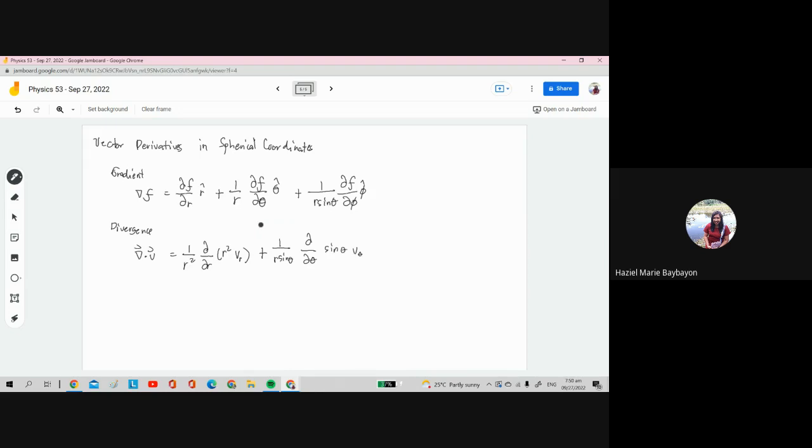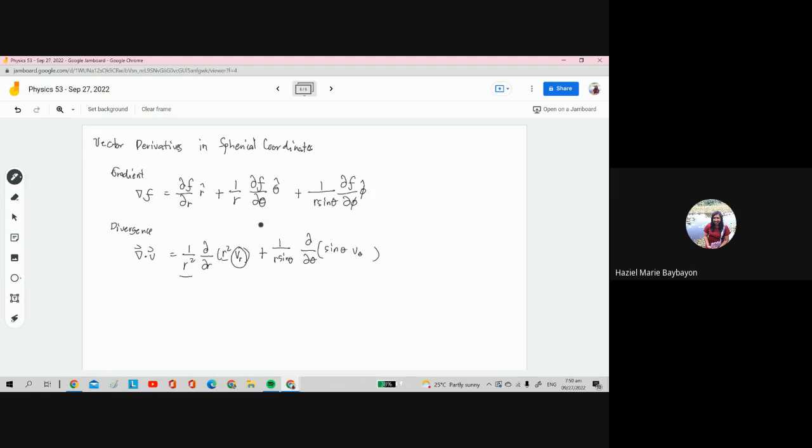So take note class that ang mag-change lang diri kay si v r kung depende sa imong function. But kini siya, naa ni siya sa imong equation. Okay? So dili ni mawala si r squared dapat. Usahay malimtan si r squared, si sine theta, o kini nga mga factors.